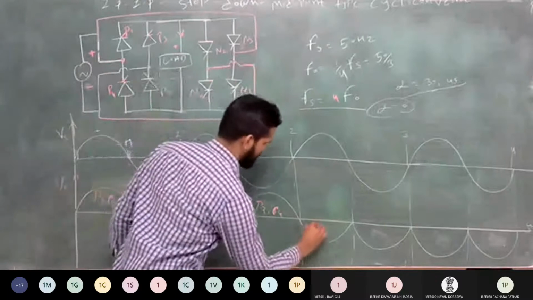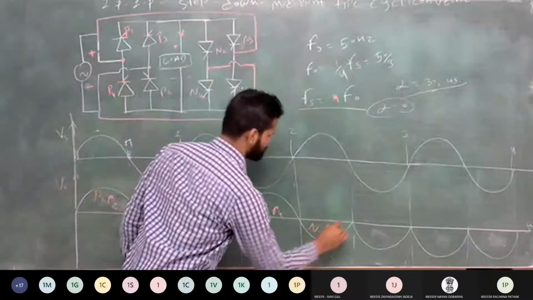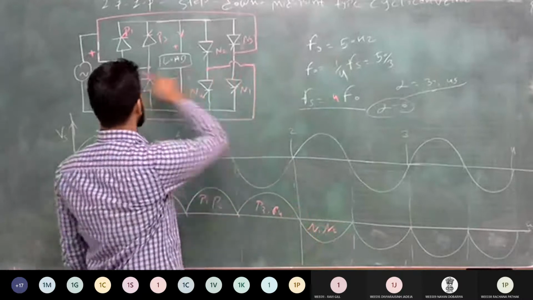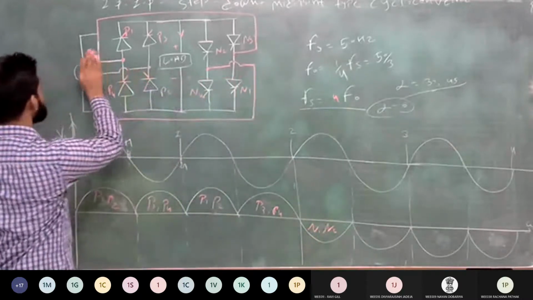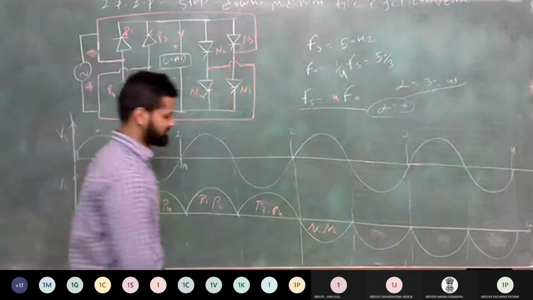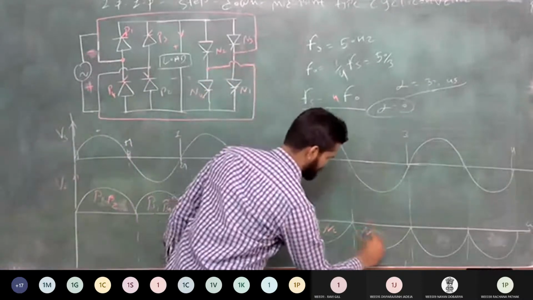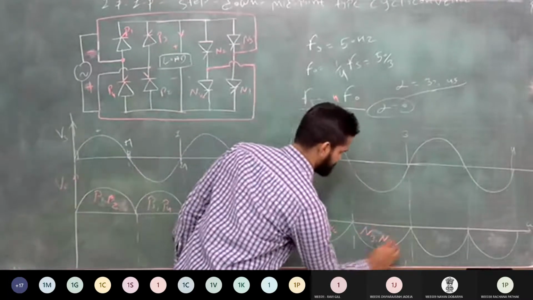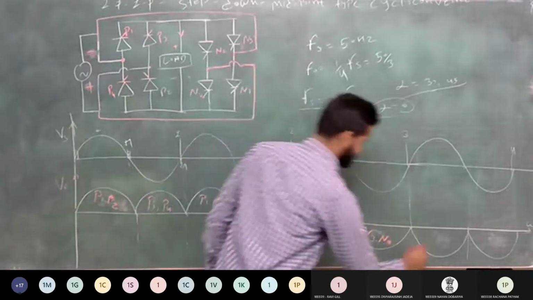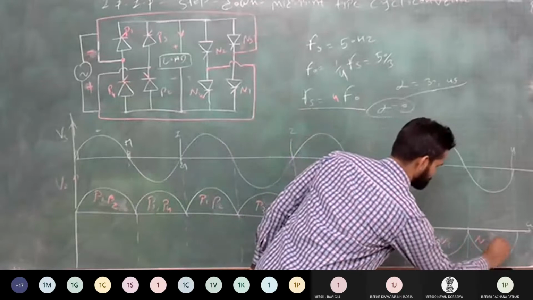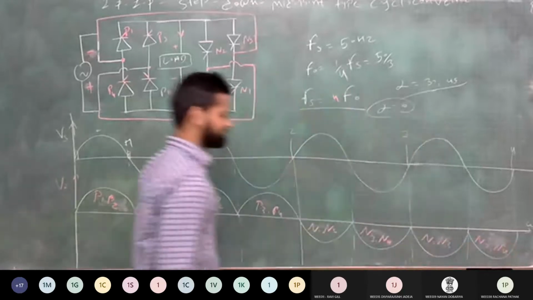So turn on N1 and N2 to get the negative voltage. Same way, in the negative cycle of your supply, N3 and N4 come into forward bias, which gives the negative voltage. So N3 and N4. Again repeat N1 and N2, N3 and N4.